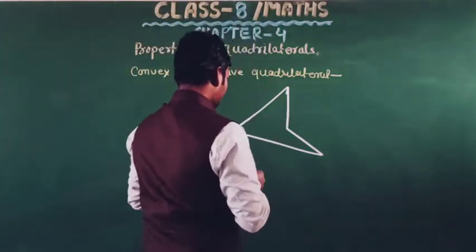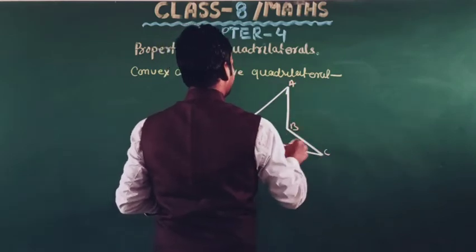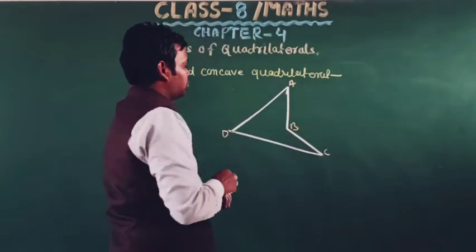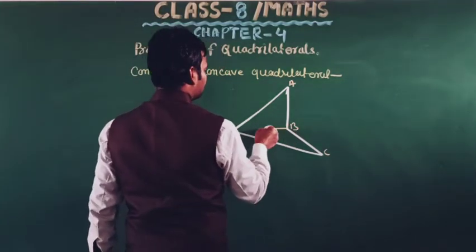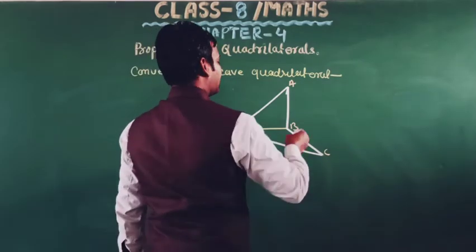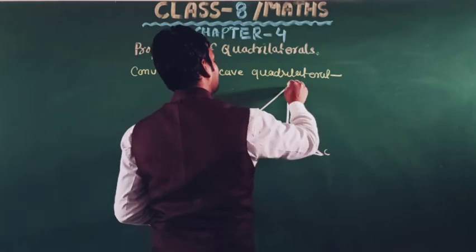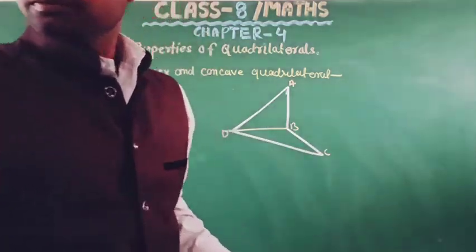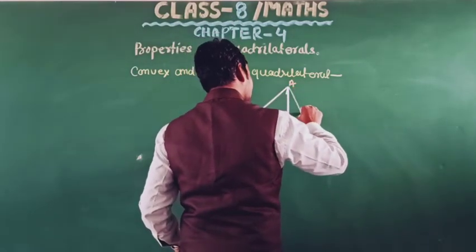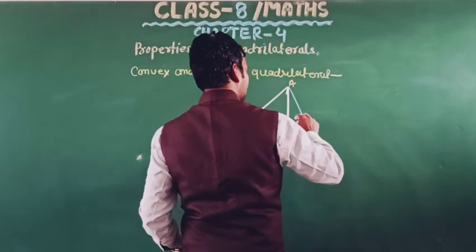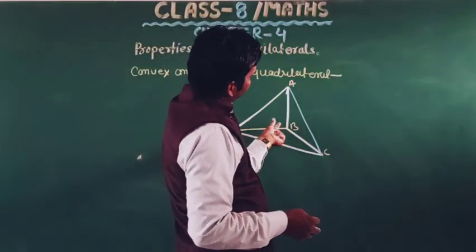Okay, so suppose this is a quadrilateral ABCD. We have to draw the diagonals. This is the diagonal BD, and the other diagonal from vertex A to C. After drawing the diagonal from A to C, it lies outside it.